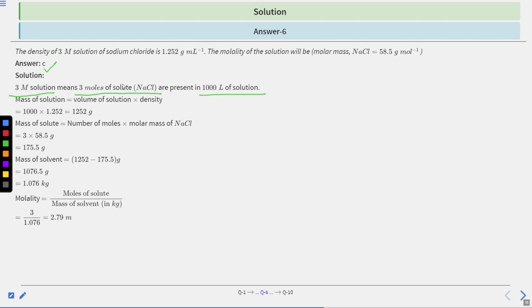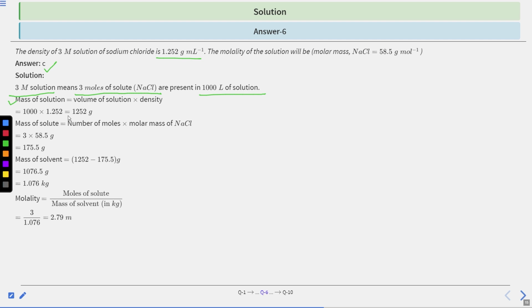So mass of solution we can find out by the formula of density. Density is mass upon volume, so mass will be volume into density. And mass of solution we will calculate by multiplying the volume of solution, which is 1000, by the density, which is 1.252 as given in the question.